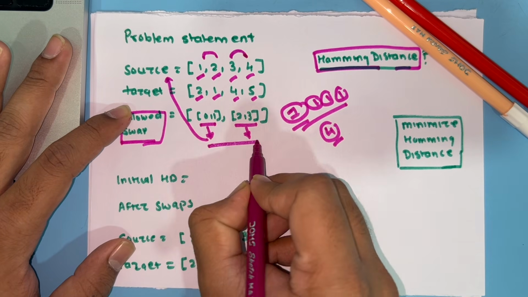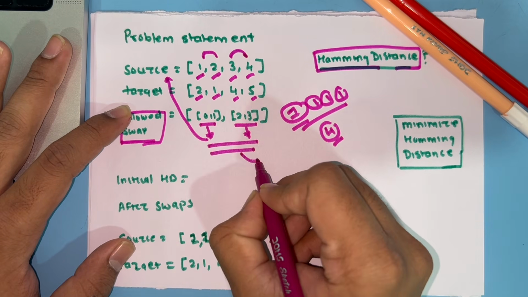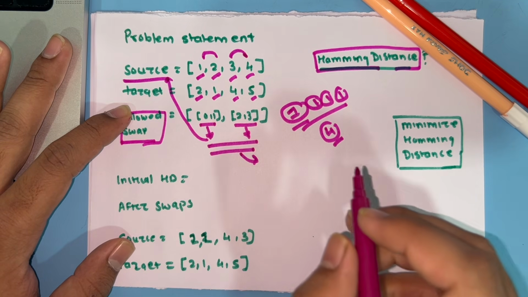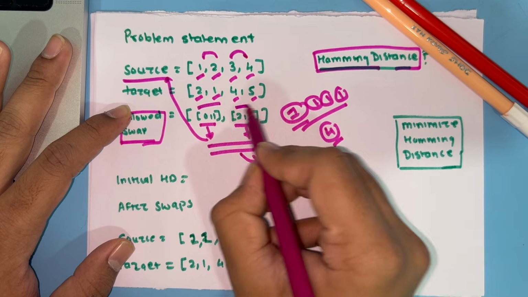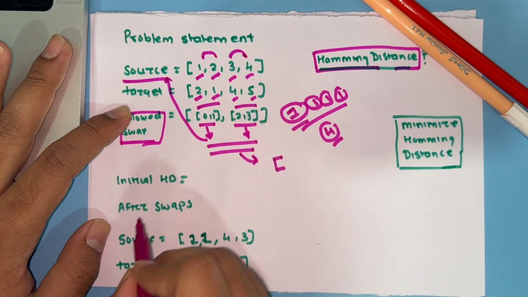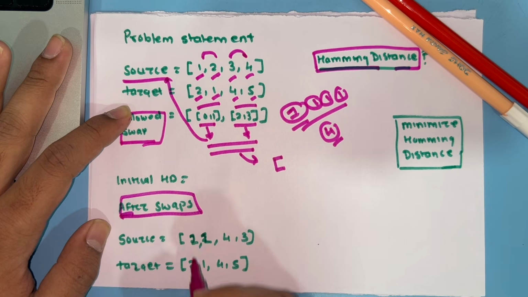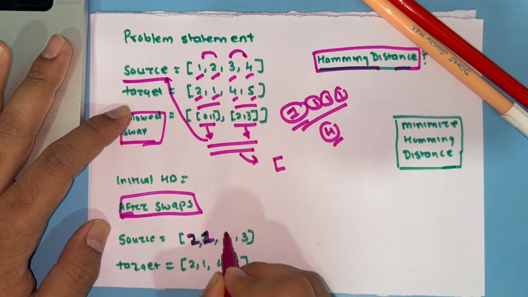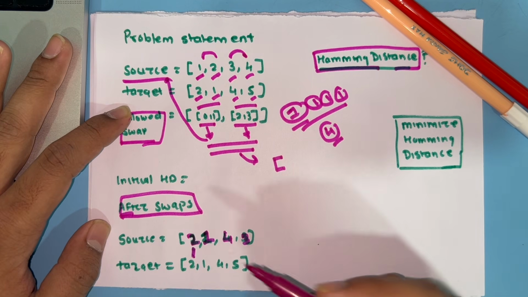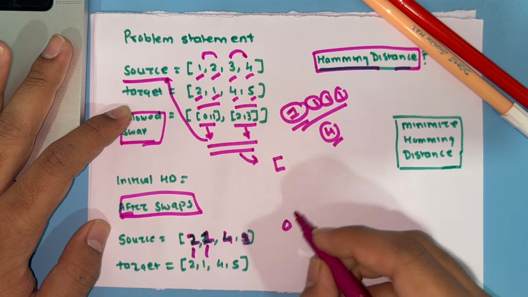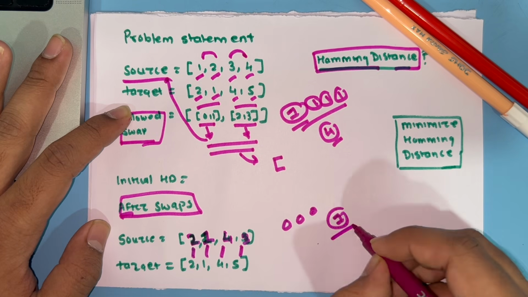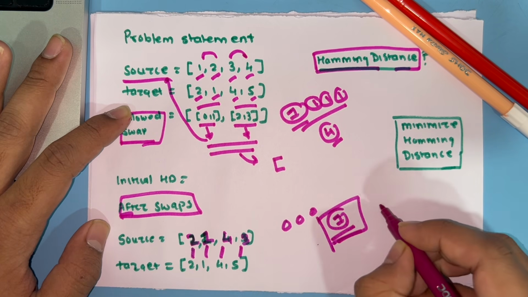So what we need to do is change the source array, swapping any number of times, doing whatever operations we need using the swaps, and calculate the minimum Hamming distance. I have just swapped the elements, so it will become 2 1 4 3. Now if we calculate the Hamming distance, these two elements are equal, so they will contribute 0. These two are equal, 0, these two are equal, 0, these two are differing, so 1. So the minimum Hamming distance here is coming as 1.